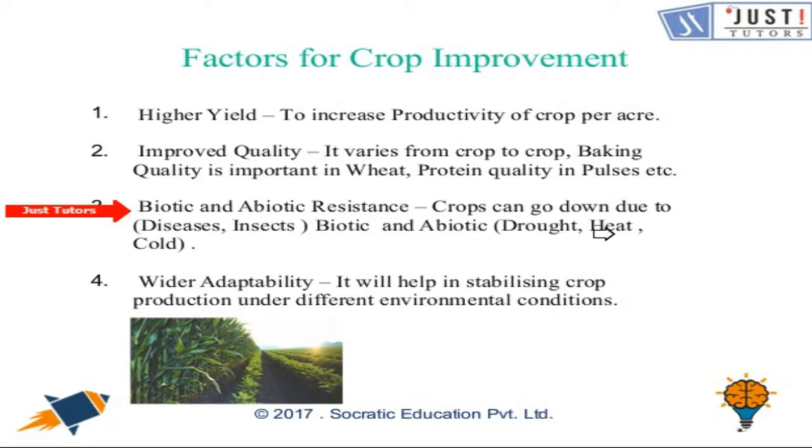Crops can go down due to diseases, insects, pests. They come under biotic, and abiotic has drought, heat, cold conditions. Wider adaptability. It will help in stabilizing crop production under different environmental conditions. You can pause the video and have a look at all the factors for crop improvement once again.